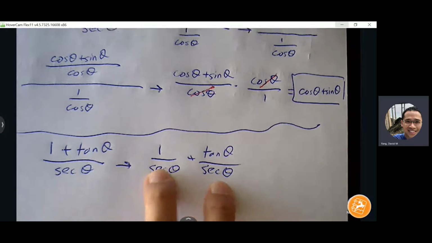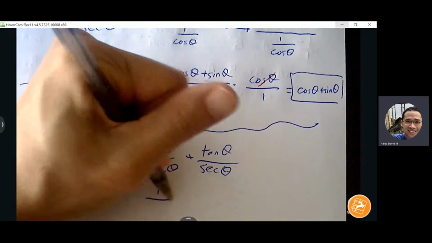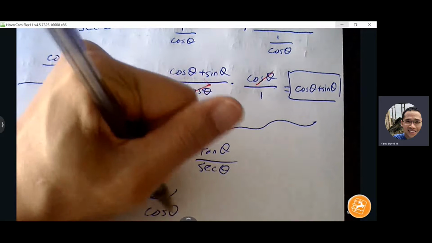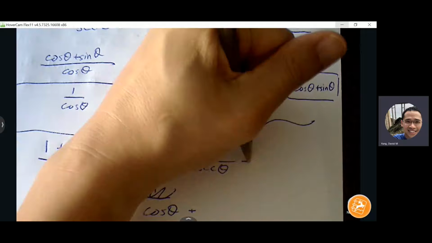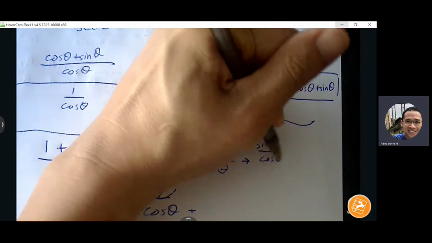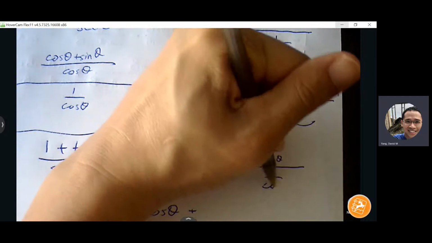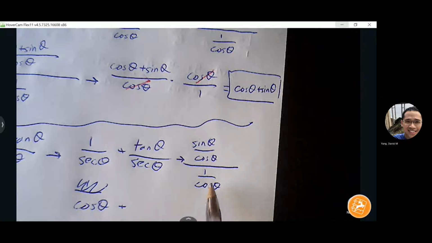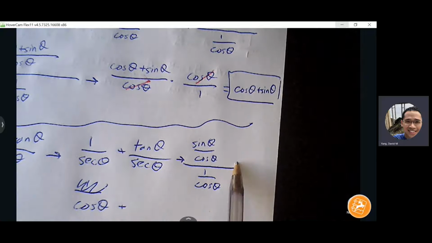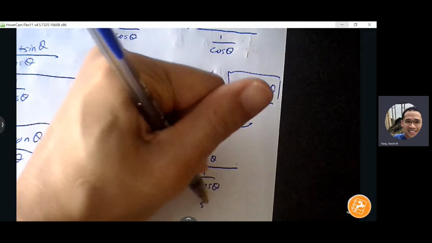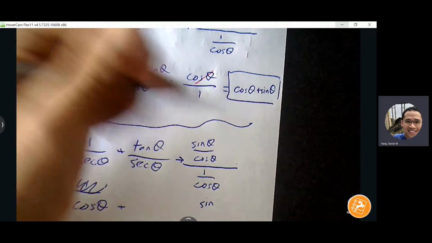So if I just go ahead and split that up early and then take care of each individual one. We know that 1 over secant is just cosine. So that's a quick fix. This second one, though, is sine theta over cosine theta all over 1 over cosine theta. If I multiply by the reciprocal, it's the same thing as times cosine over 1, and then the cosine goes away, and I'm just left with, I'm sorry, with sine.